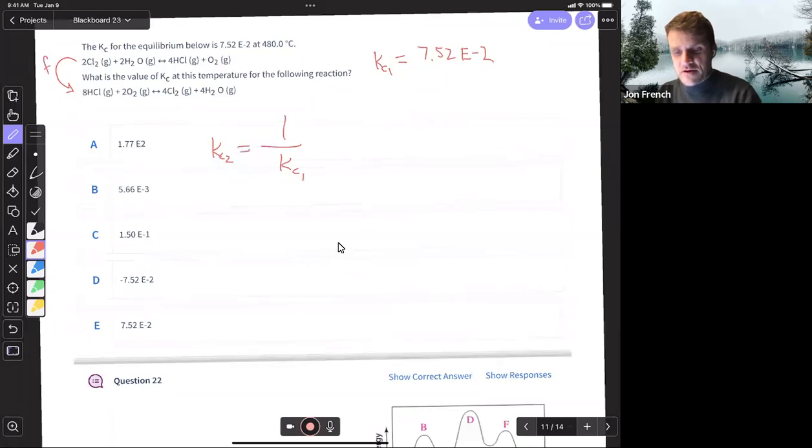If we flip the reaction, we do the inverse of the equilibrium constant. The other thing we should notice is that I multiplied the reaction by 2. Multiplying the reaction by 2 is the same as squaring the equilibrium constant. So my new equilibrium constant is going to equal 1 over my initial equilibrium constant squared for question 21.